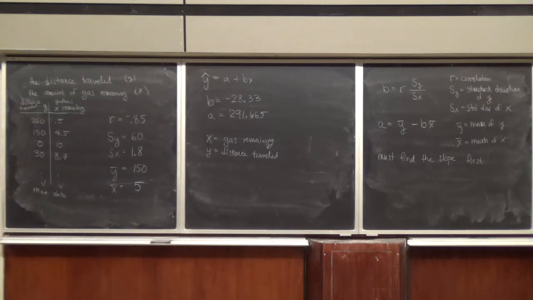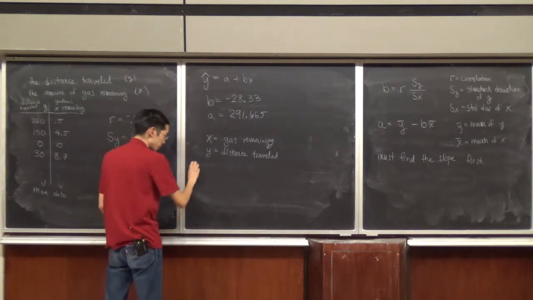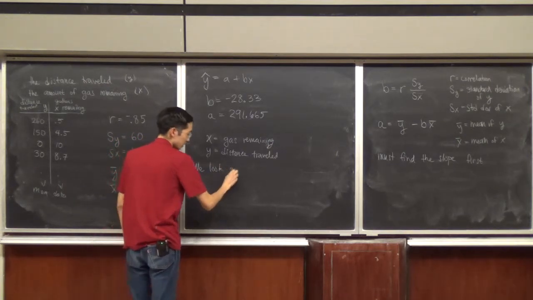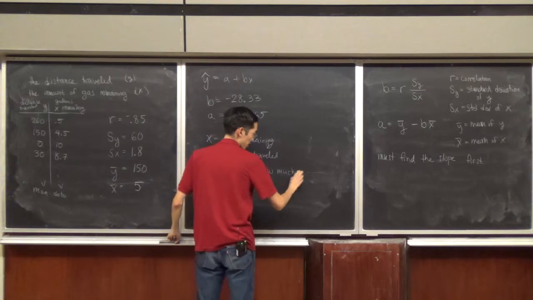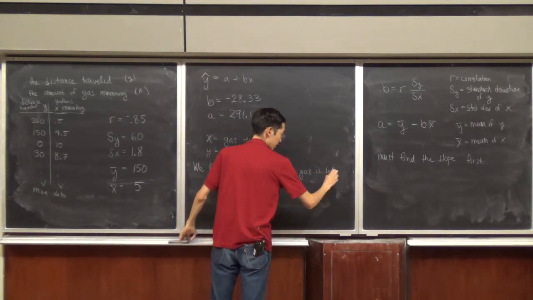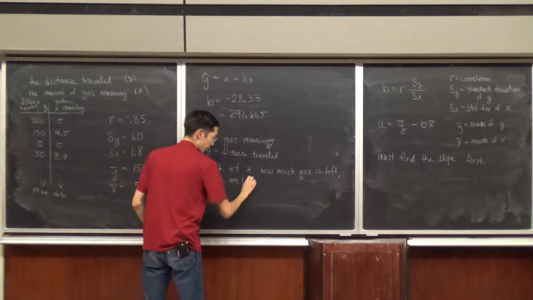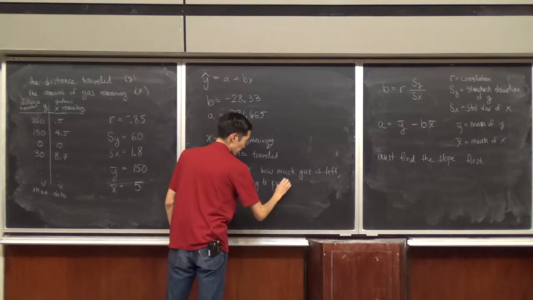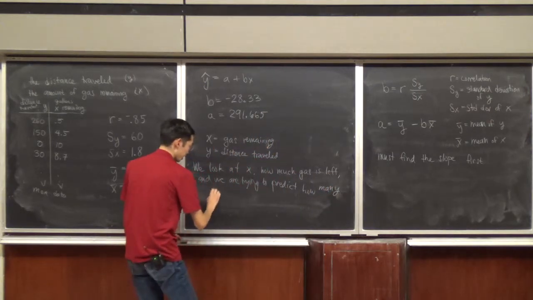Yes? I don't really understand how you get these numbers. Can you explain? Okay. I will explain in just a bit, but I just want to make sure this part is clear first, okay? So we look at x, meaning how much gas is left, and we are trying to predict how many miles the person traveled.